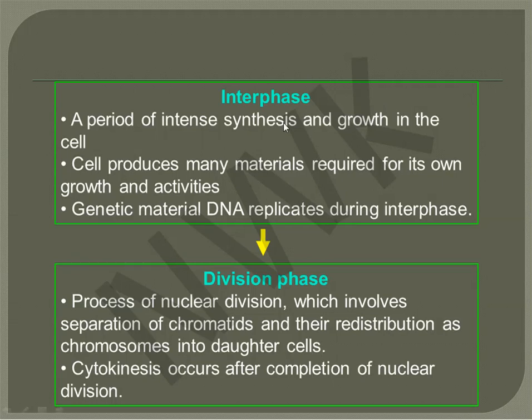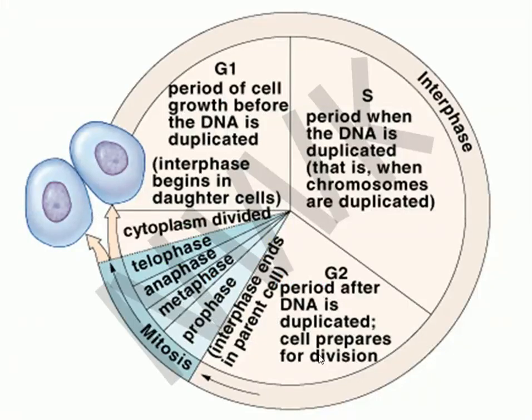After completing the interphase, the cell will move into the division phase. At this point, the chromosomes will be divided and move to opposite ends so that the cytoplasm will be split to form new cells. This is an overview of what happens in G1, S, and G2.